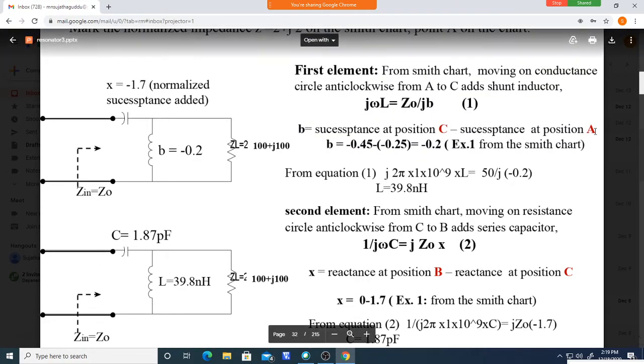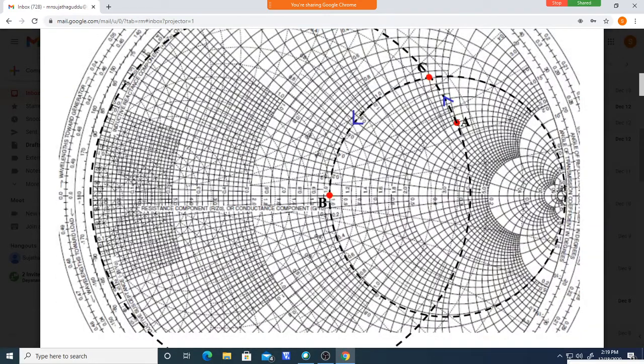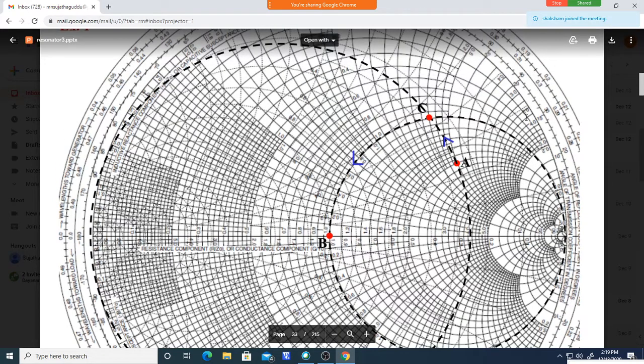Next, the susceptance at A. What is the susceptance at A here? You should know. Again, you see which susceptance circle is passing through this point. That is 0.2 here, 0.4 here, 0.2, 0.3.